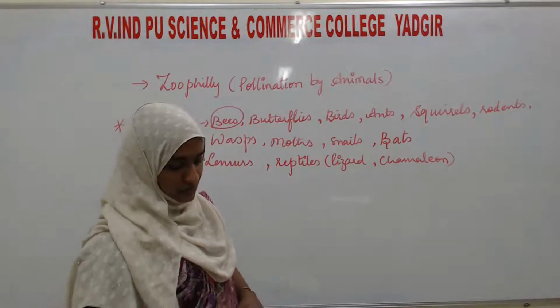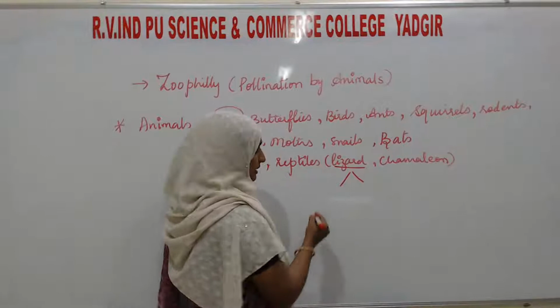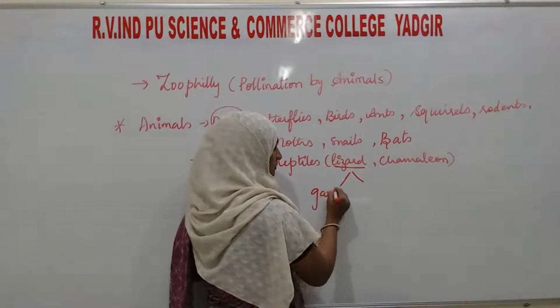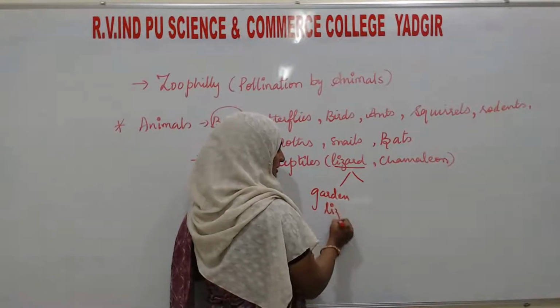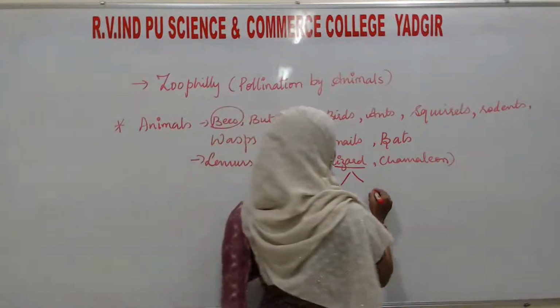In lizards, there are two types which undergo pollination: the garden lizard, and one more, the gecko lizard.